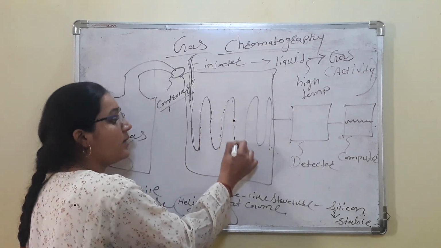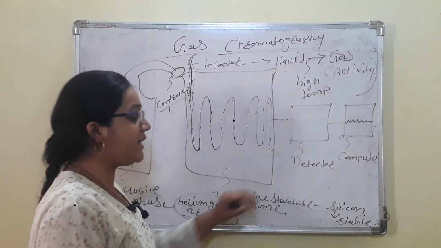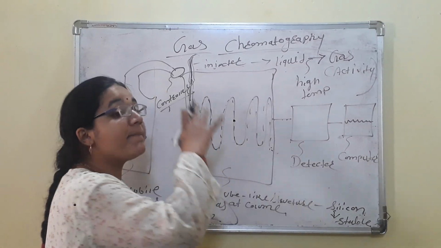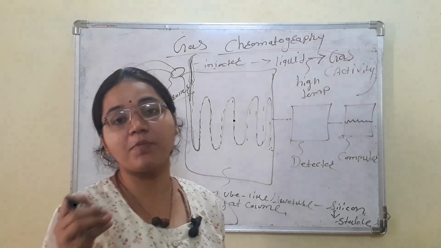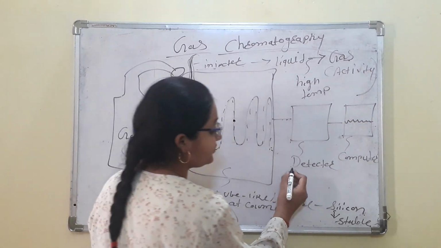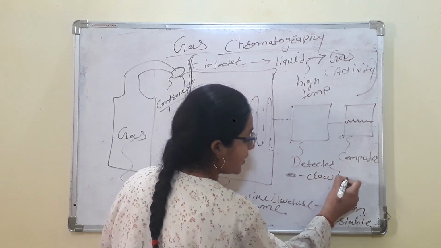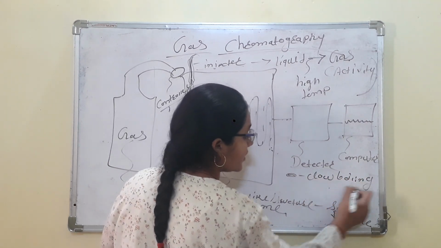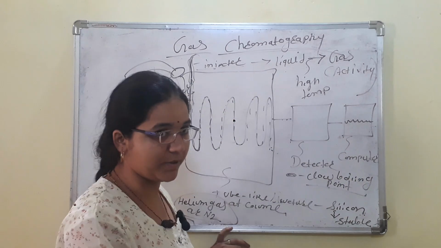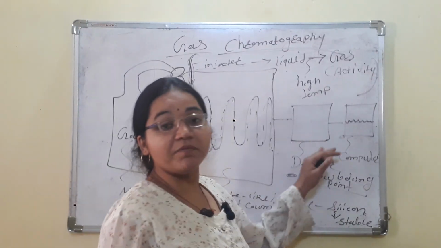Our detector detects the sample with the help of their boiling points. Samples that have low boiling points move faster. For example, if this sample has a low boiling point, it moves faster than samples with high boiling points, and is detected by our detector. Which exactly this sample is, whether we are referring to it or not, is totally decided by our detector.